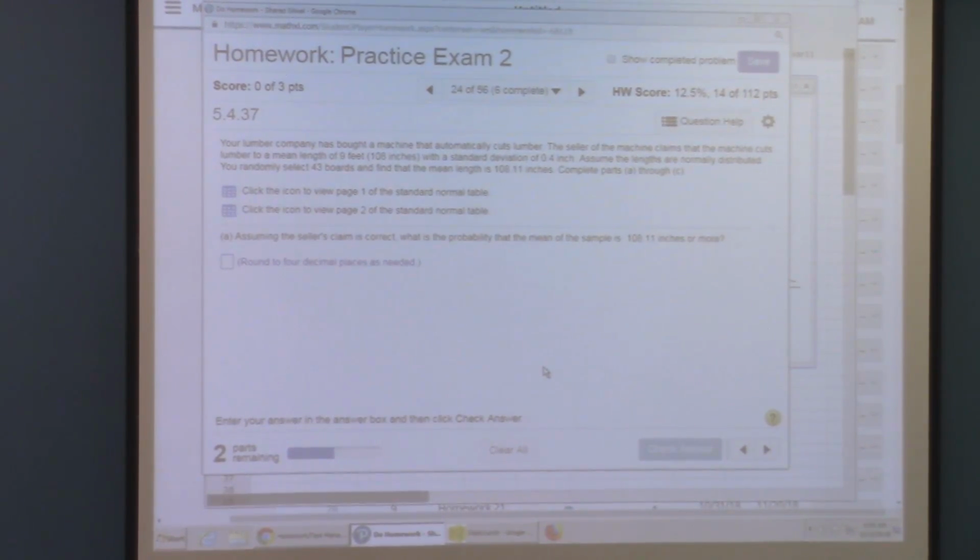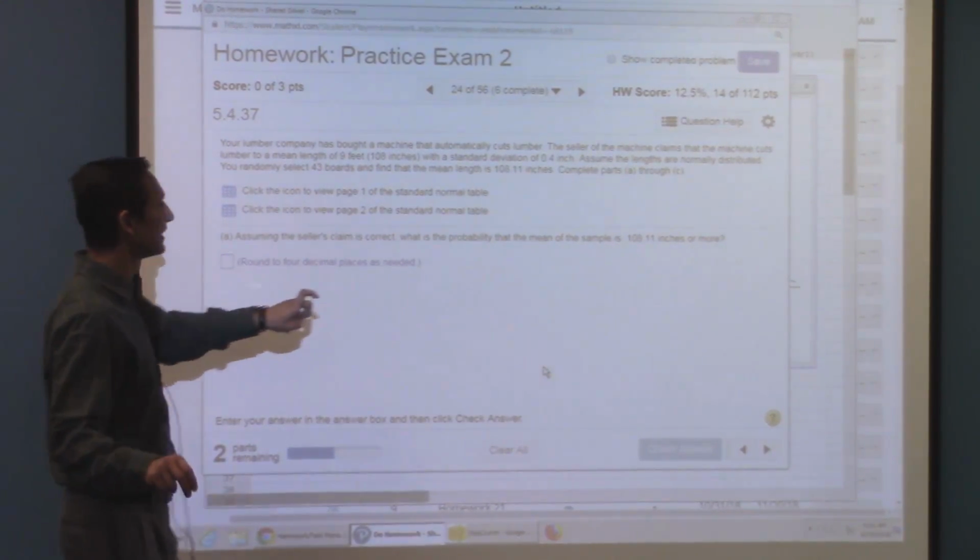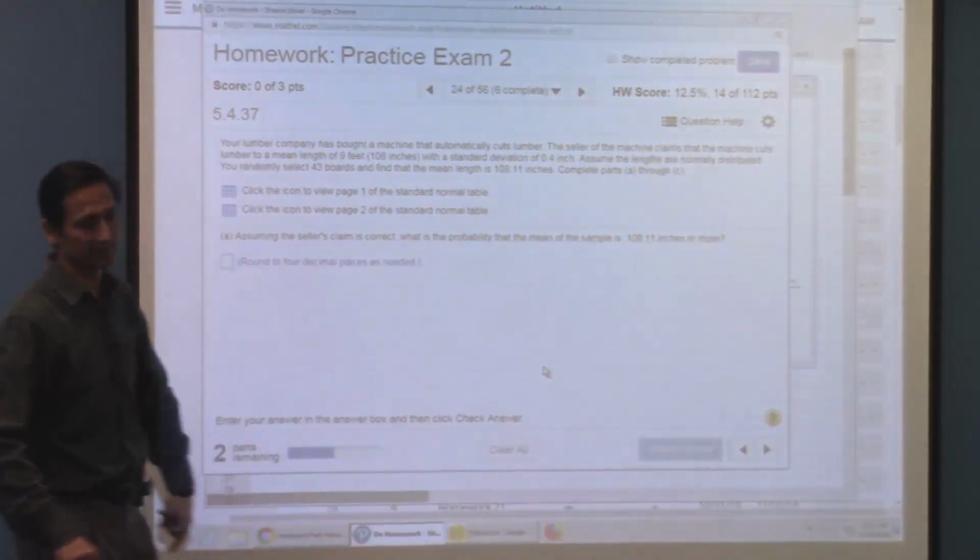You randomly select 43 boards and find the mean length is 108.11 inches. Assuming the seller's claim is correct, what's the probability that the mean of the sample is 108.11 inches or more? You see that the key word here is mean of the sample, right?